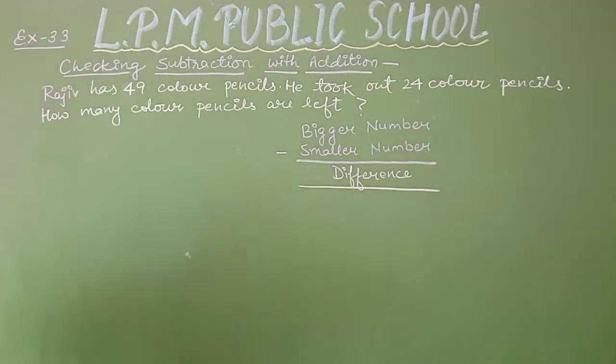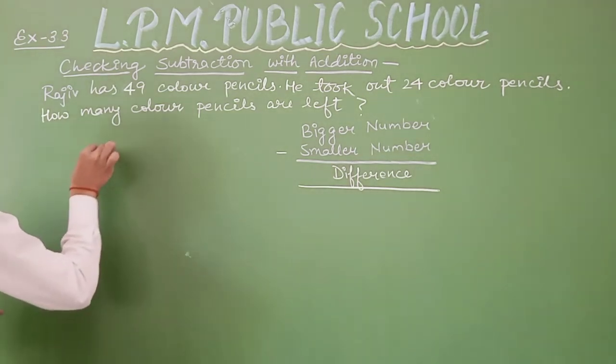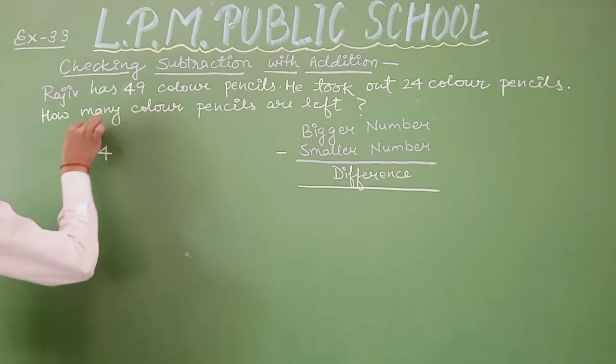Firstly, we have to subtract 24 from 49 to find how many color pencils are left. So we subtract 24 from 49.